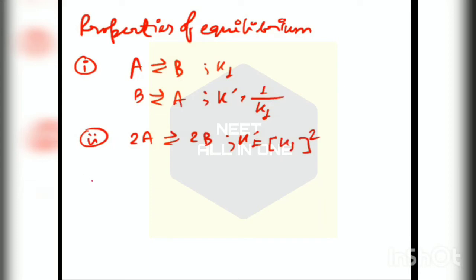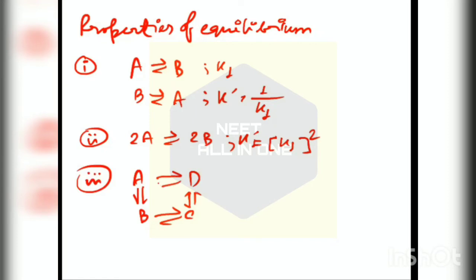And also, in Hess's law, we have seen that if we do this, let us suppose this is K1, this is K2, this is K3, and this is K. In Hess's law, we can just add these, but here in equilibrium, we can't add them.